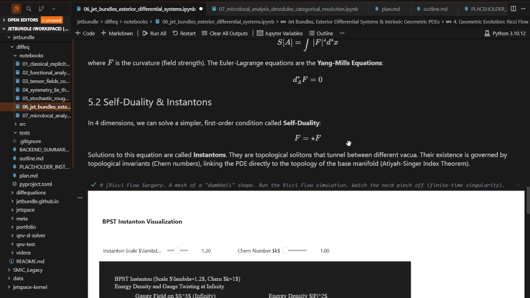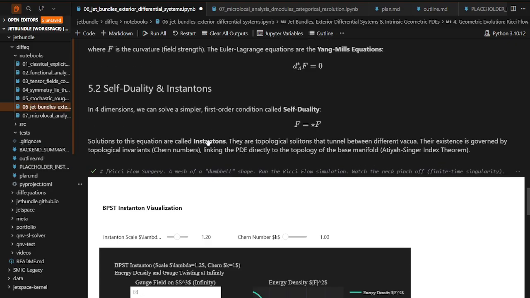Specifically for BPST, which stands for people's names, we can get an explicit SU(2) instanton, from the particular gauge group that we chose for those connections, or for those principal bundles.